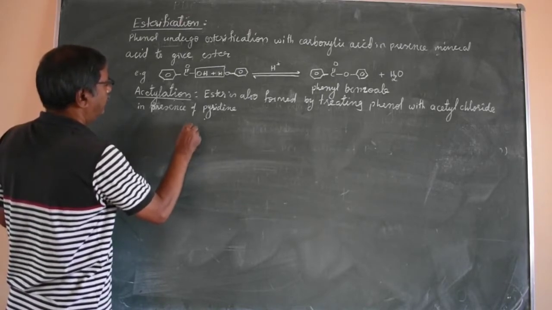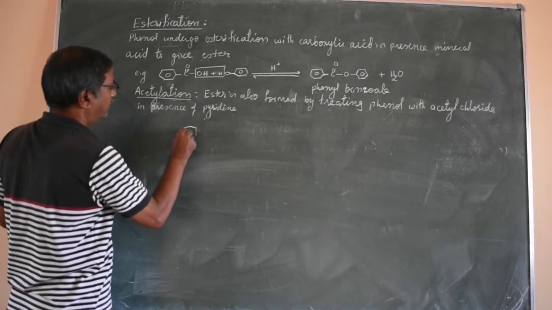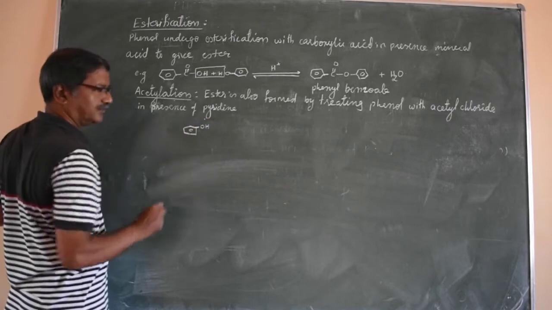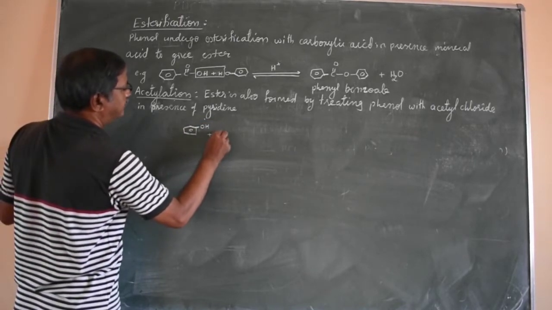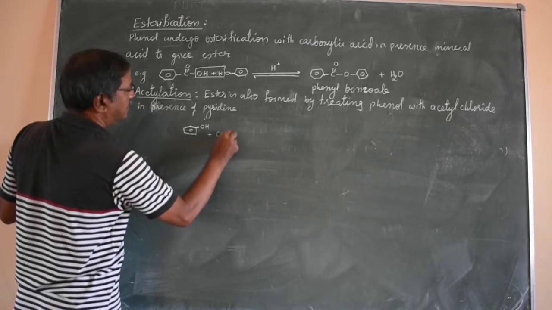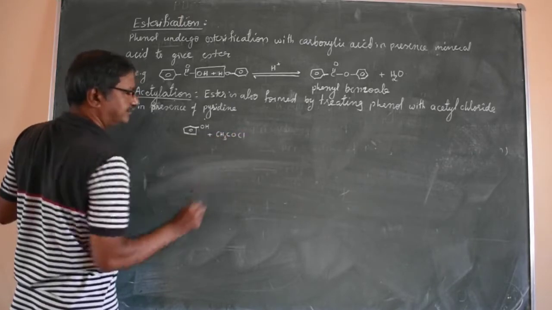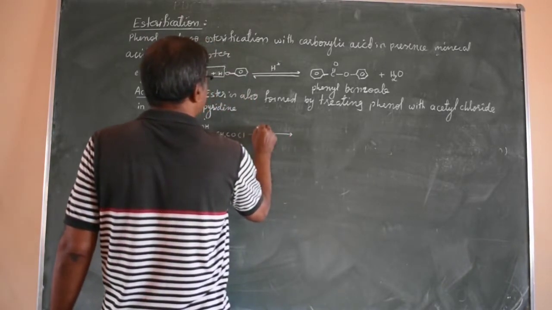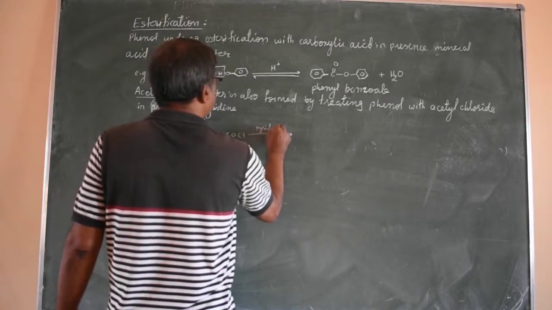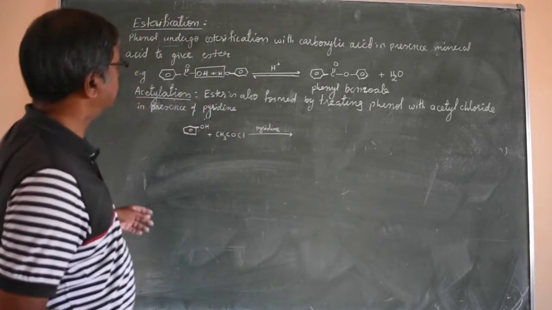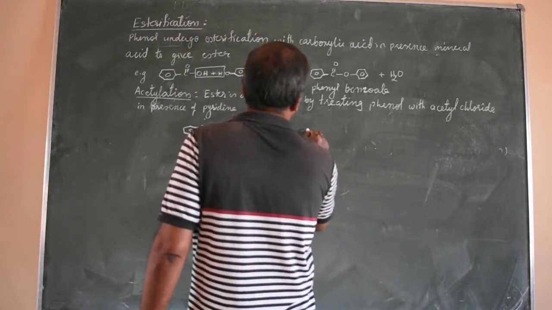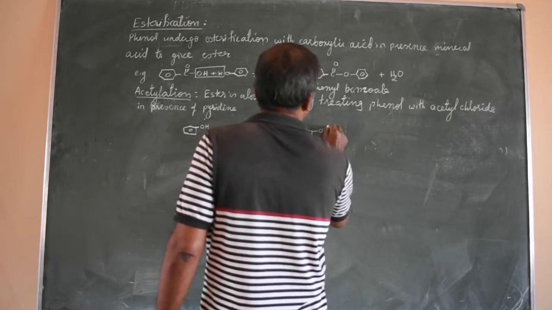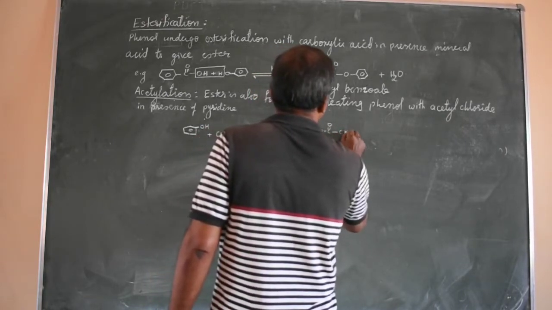Well, phenol, we know the formula for phenol. We have OH group, C6H5OH, plus acetyl chloride CH3COCl. Well, the reaction takes place in presence of pyridine. It's also reversible in presence of pyridine to give the ester.